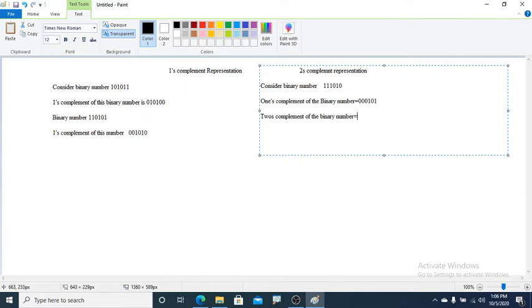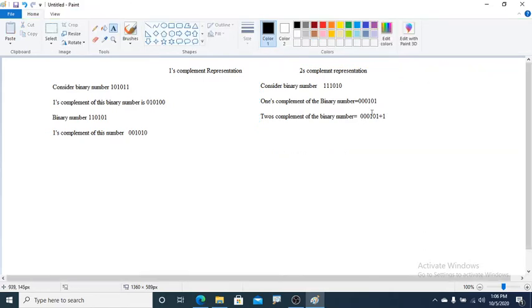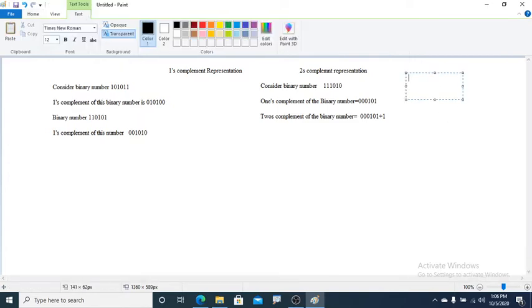First we have to write the one's complement number, and add 1 at the LSB position. So how can we add it? Tell me. Now what I will do is I will take here 0 0 0 1 0 1 and 1.